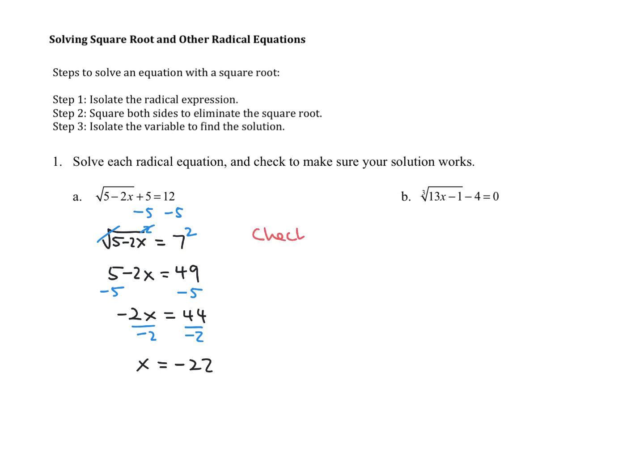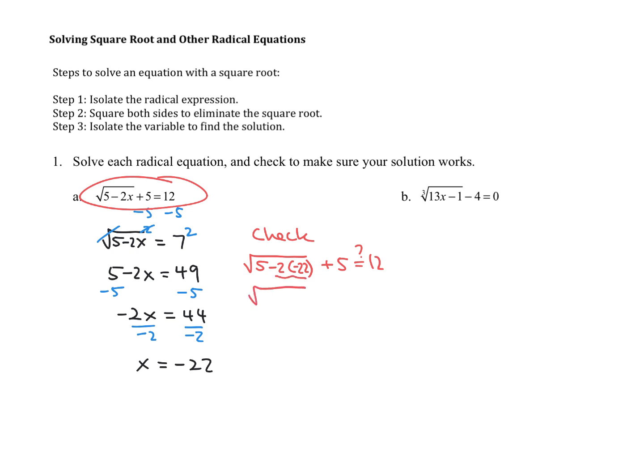And we do that by plugging our solution into the original equation and making sure that the solution satisfies the equation. So the square root of 5 minus 2 times negative 22, plus 5, and I'm checking to see if I get 12.